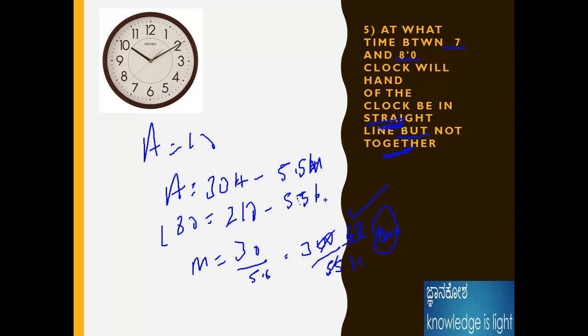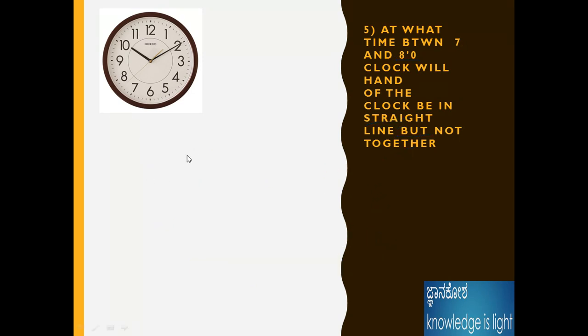The second method is, we already have it: 55 minutes is equal to 60 minutes. That means for 1 hour there should be a gain of 55 minutes. Therefore I take 5 minutes. Why am I taking the 5 minutes? Observe carefully, friends. Now it is 7 o'clock, right?